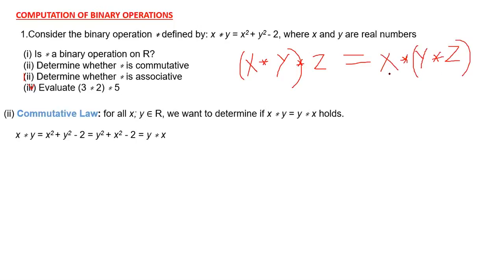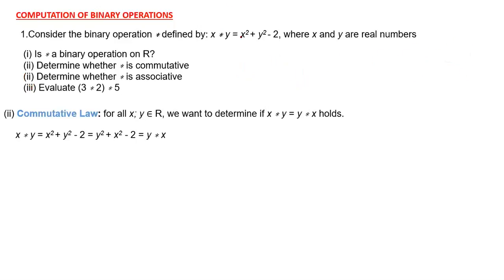So somebody will now ask themselves, where are we going to get the z? Because here we only have x and y. And when plugging them in, how are we going to plug them in? Simple. What you do is you introduce another letter, which is z, like I did there.